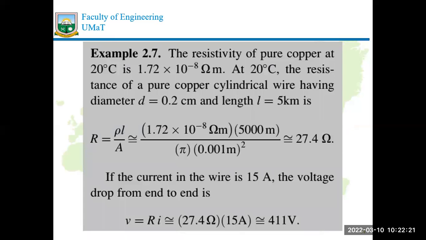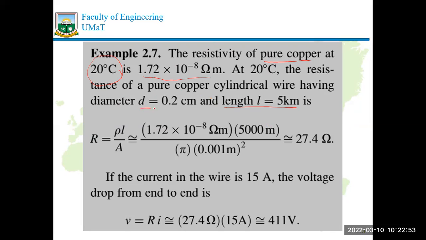We have another calculation here. For the calculation that we have here, it states that we are looking at pure copper again. So the resistivity has been given, that is what we have here. But it's being looked at a particular temperature. At that temperature, we are looking at the wire having a length of 5 kilometers, which is 5,000 meters.